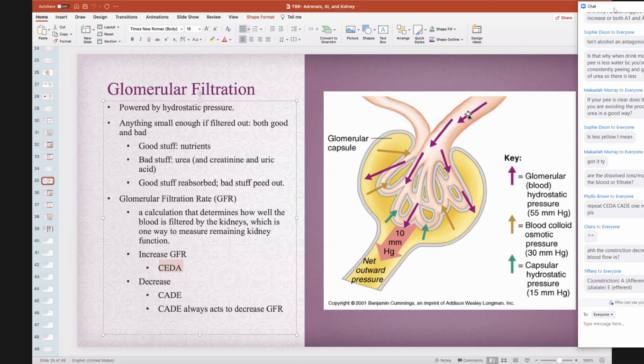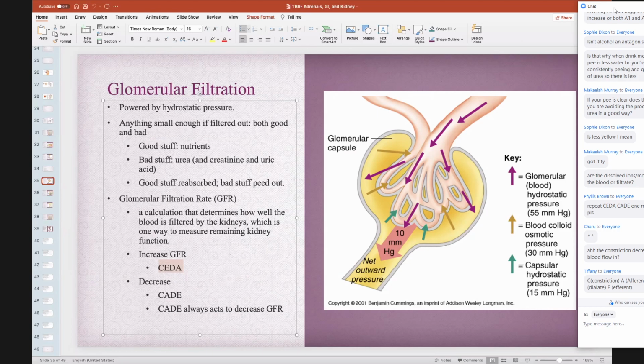If we constrict up here, that backlog will shunt blood elsewhere. So the law of continuity will play a role on a very acute level, but there are so many other things coming into play that you can't say that constricting this will cause a velocity that will decrease the pressure. This is more looking at resistances because there are so many other vessels in the body.